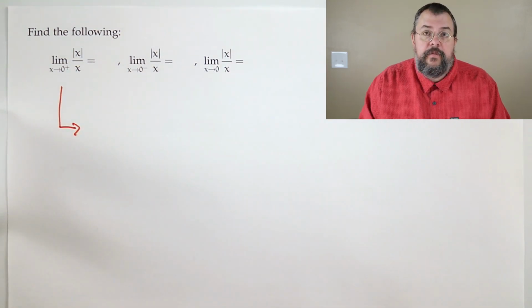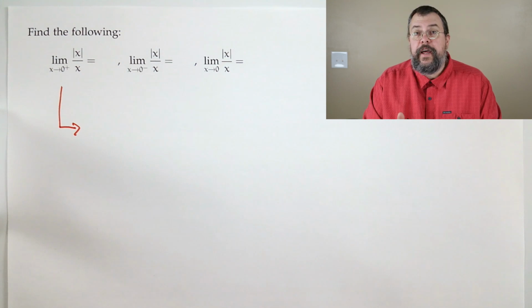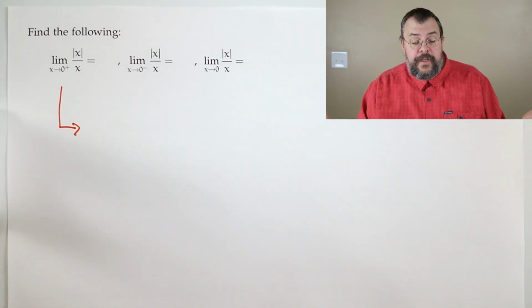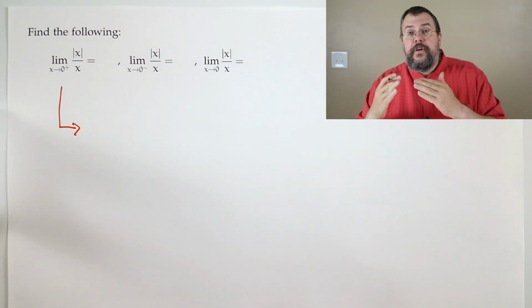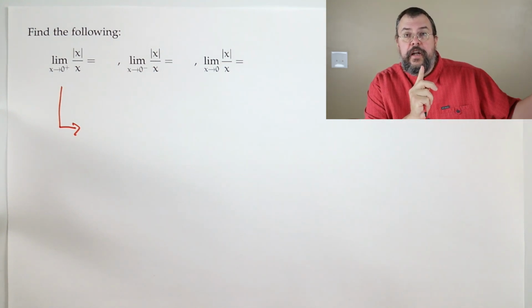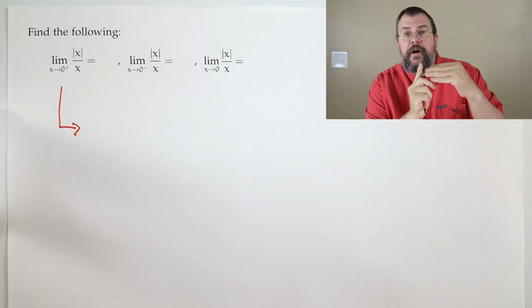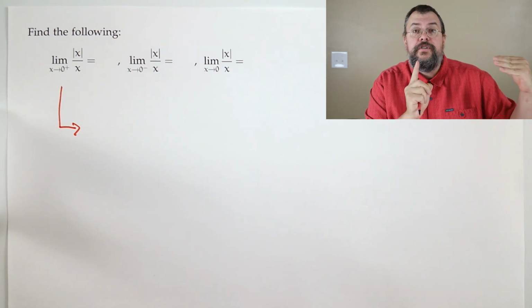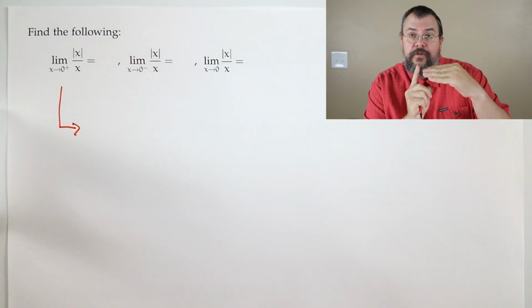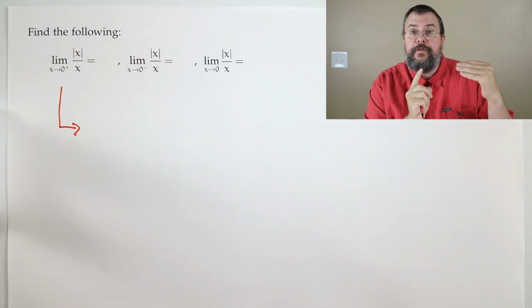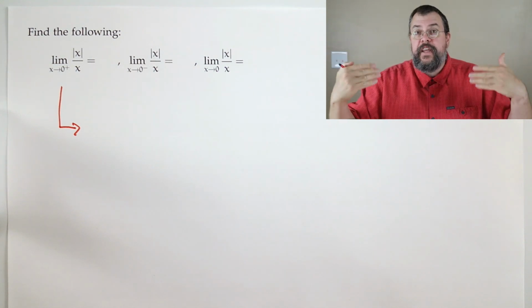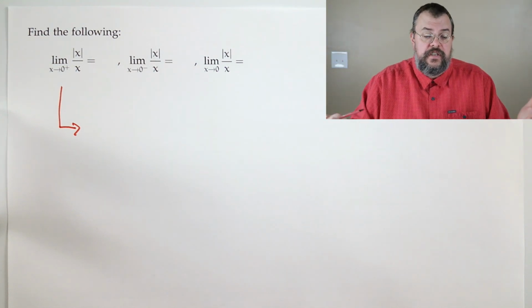If I'm coming to 0 from above, the nice thing about absolute value is that it changes its behavior at 0. So here's 0, and I'm coming in from above. What's true is that the absolute value of x is x, because when I have a positive number, the absolute value doesn't change it.